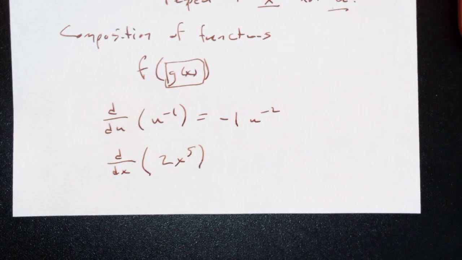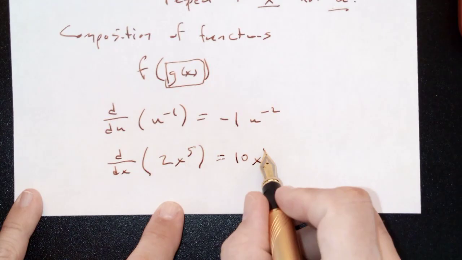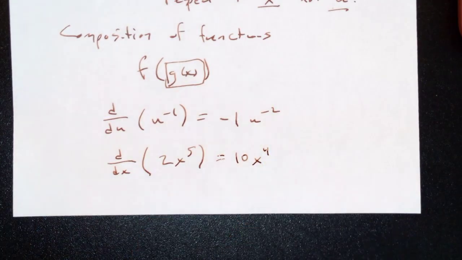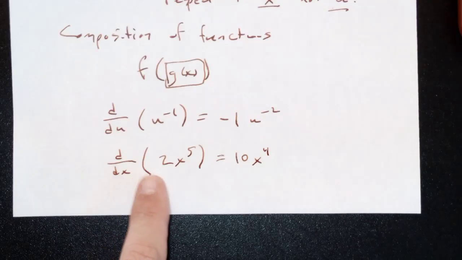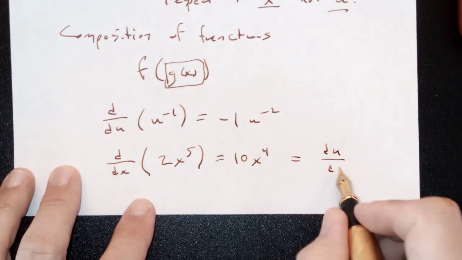What's that derivative? That's nice and easy. But I've written this like this. And that thing on the inside, that's u, right? So this is du dx.